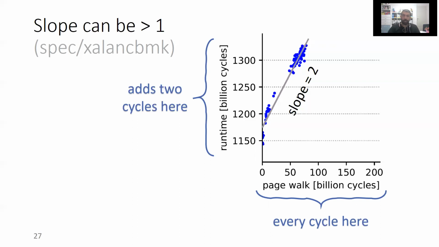Previous models understandably did not consider such scenarios, because they intuitively assumed that the worst case scenario is when TLB misses stall the CPU completely, and then the slope is 1. It indeed seems strange that a page walk stalls the CPU by more cycles than the page walk takes. The reason this happens is because page table entries are cached by the CPU data caches, so they contend with the application data.